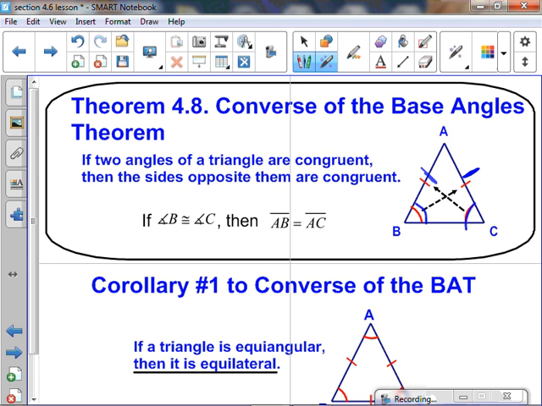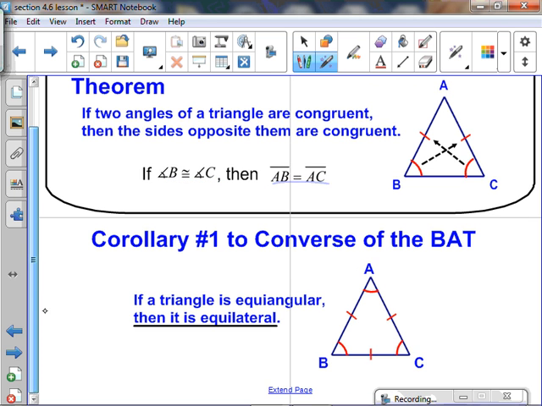The converse says exactly the same thing, but in reverse. That is, if I have these two angles the same, then the lines opposite them are congruent. Okay? If angle B is congruent to angle C, then AB is equal to AC, as you can see in the diagram.